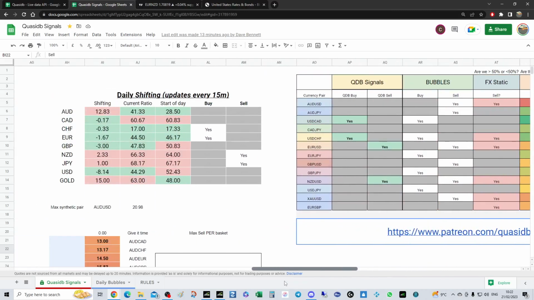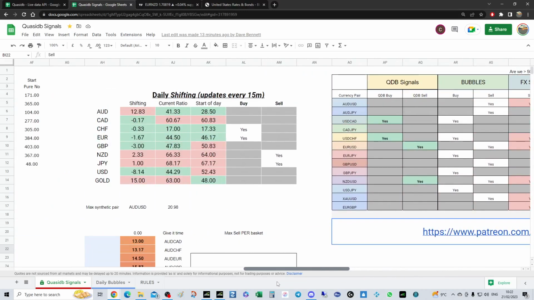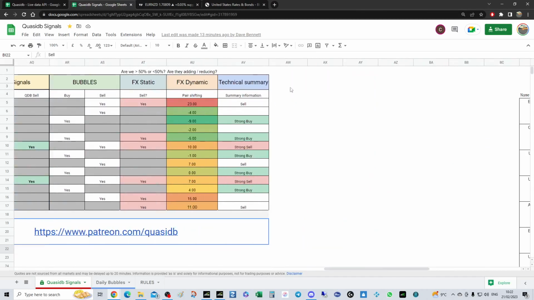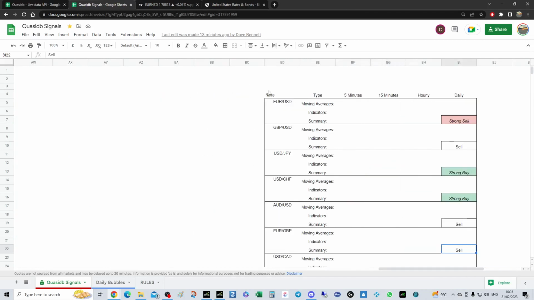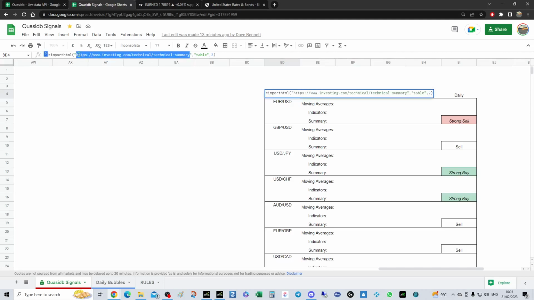And you would obviously have to remember to check your technicals and your fundamentals, and also check your economic calendar. This is purely sentiment with a little bit of technical, in so much as we get that data from investing.com. Okay, and if you're interested, you can go here, and it gives you a breakdown of what we do. I'm not sure if that's going to work.